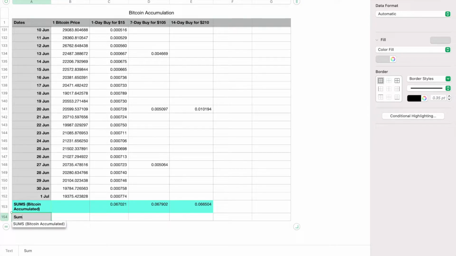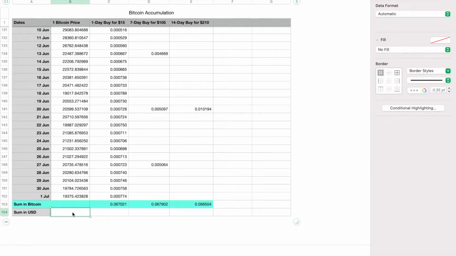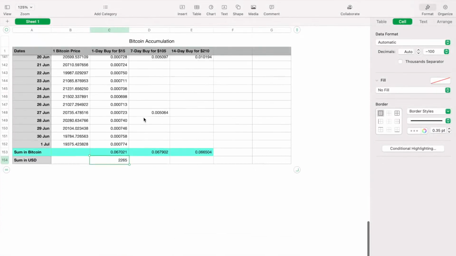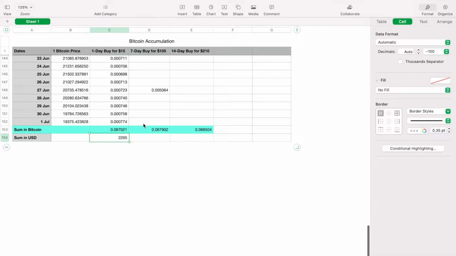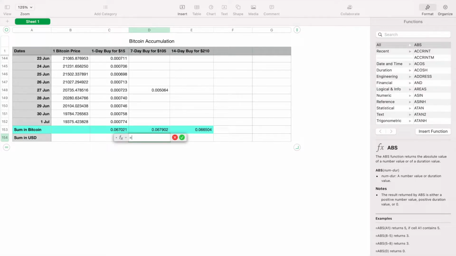For this we need to add more data. First, I will add the sum in USD, to see how much I had spent on each of the columns in US dollars. And then, I will also calculate the average price that Bitcoin had cost me. Spending $15 daily during 151 days, will total to $2,265. I will fast forward the calculations for the weekly and bi-weekly purchases.